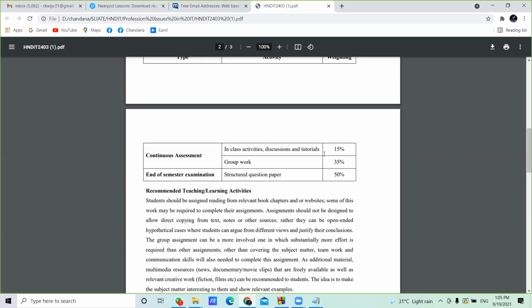Therefore, only the students who are attending know what the discussion was and what activities we did during the class hours. Therefore, these 15 marks will be allocated for the discussions, activities, and tutorials during the class hours.